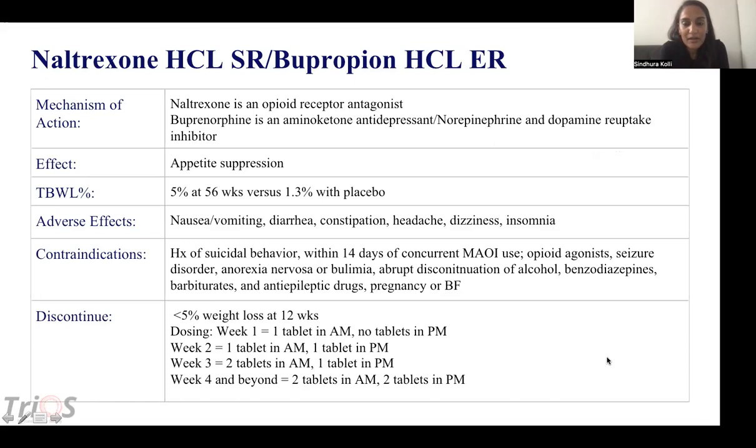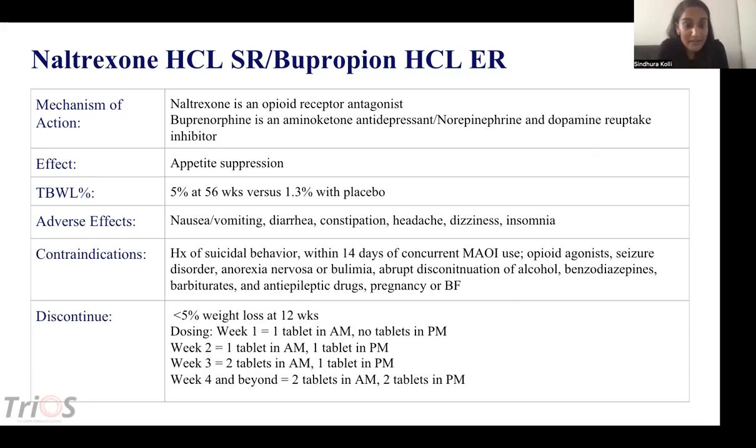So when we talk about stress eating and sweet tooths, a good option here would be naltrexone and bupropion, also known as Contrave. For the mechanism of action, you might be familiar with both of these medications separately. Naltrexone is an opioid receptor antagonist, and bupropion is an aminoketone antidepressant, as well as a norepinephrine dopamine reuptake inhibitor.